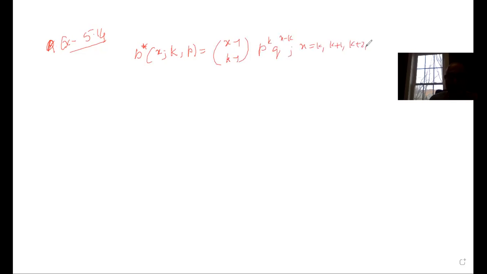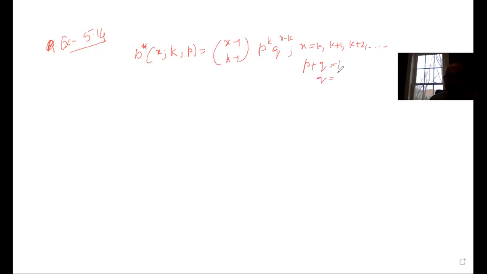Let me write example number 5.14, and my definition for the negative binomial distribution: B star X, semicolon, small k and probability P, is equal to X minus 1 C K minus 1, times P to the power K, and Q to the power X minus K. As I told you, X is nothing but K, K plus 1, K plus 2, and so on, and P plus Q is equal to 1.